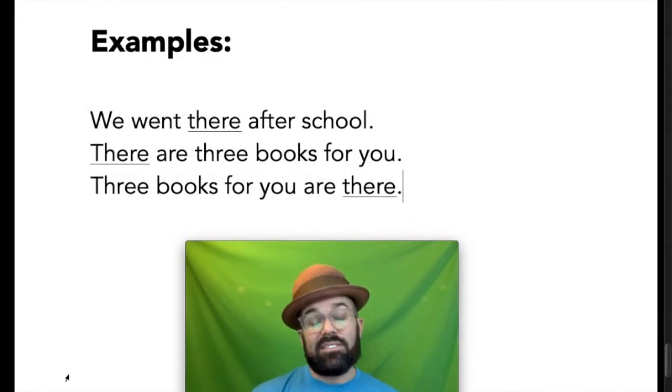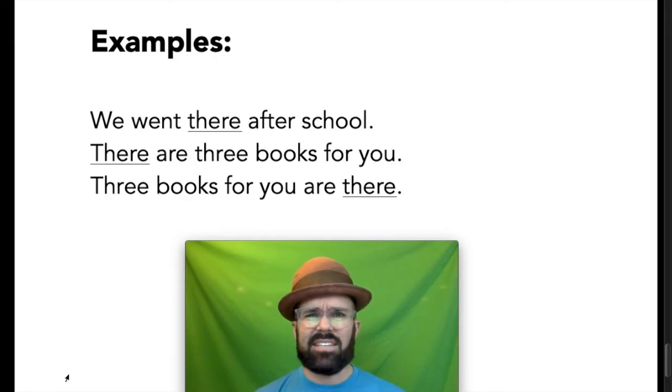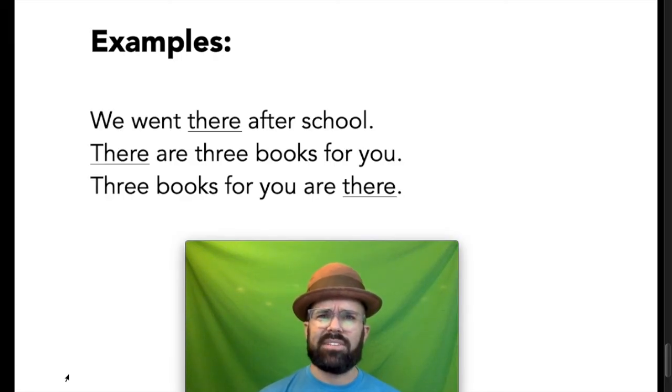Take a look at these three examples. We went there after school. It's not specific, but it tells us where. It is an adverb modifying where we went. Sometimes the word there might start a sentence, which makes it a little more confusing, right? If in the second example, I were to say, there are three books for you. It doesn't seem as much like a location when we say it that way.